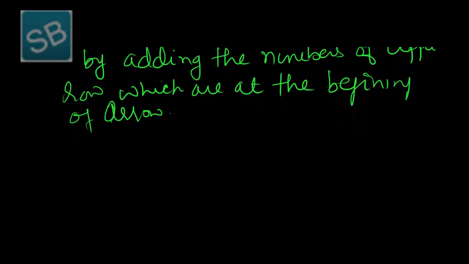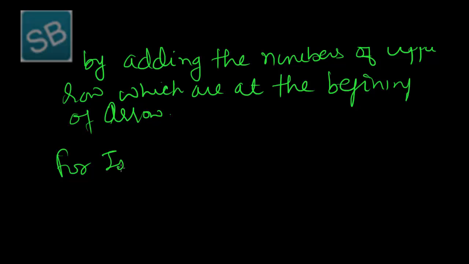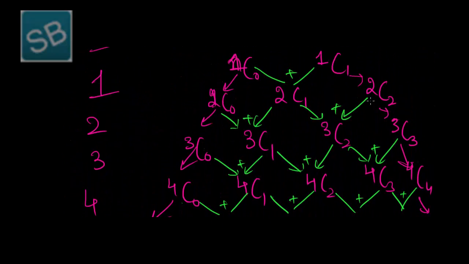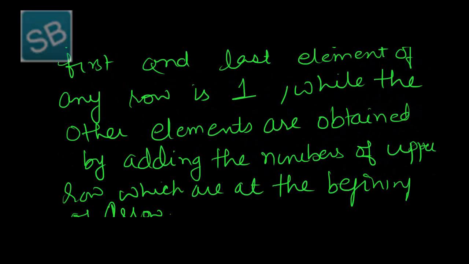If you want to verify, verify for the first row, that is we have 1C0 plus 1C1. That is according to the formula nC(r minus 1) plus nCr is equal to (n plus 1)Cr. That is 2C1. So on adding these two, we get 2. And we can check the value by the formula of combination.